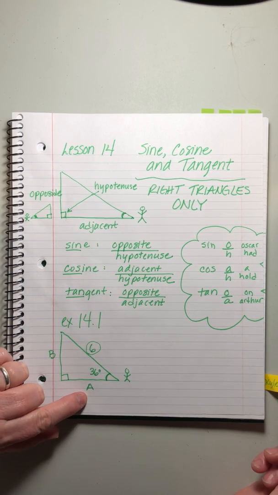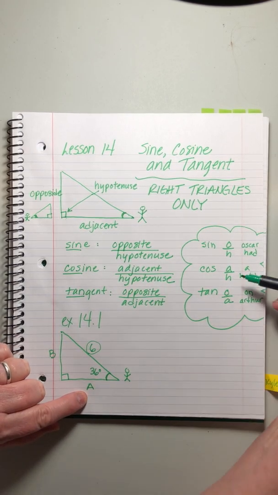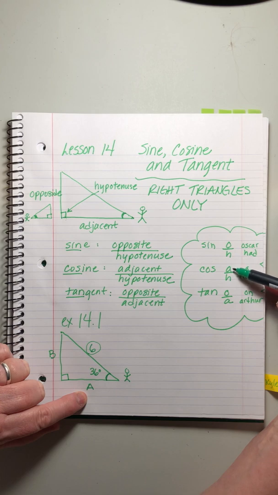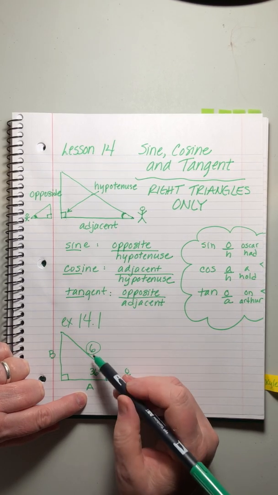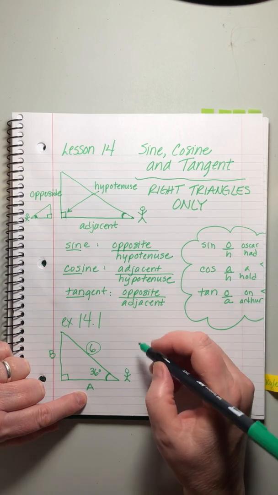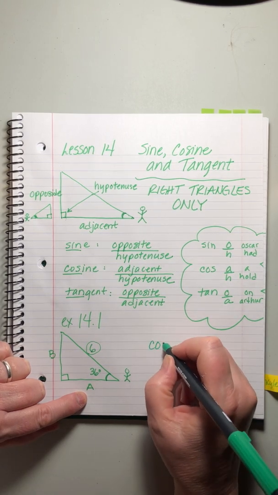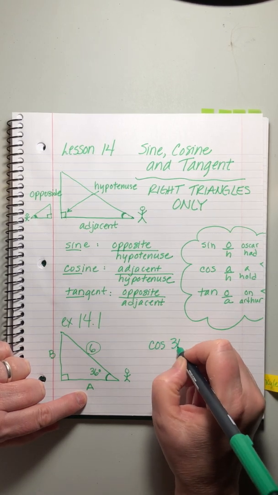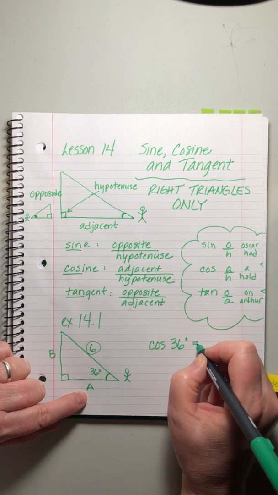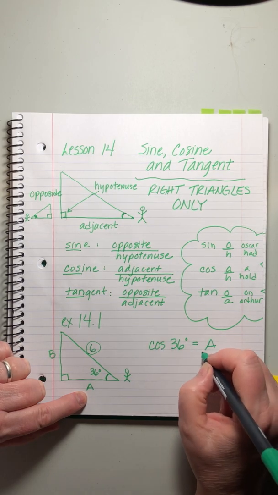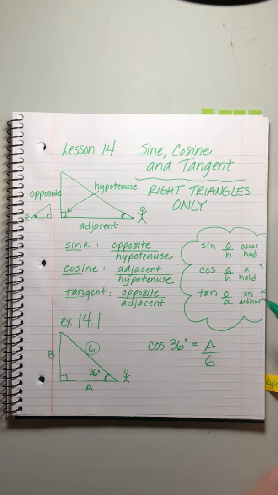Okay, so to use this one, we're going to use cosine, because that's the trig function, the ratio that compares adjacent to hypotenuse. Adjacent is our mystery, hypotenuse we've got. So the way we write that is the cosine of 36 degrees equals A over 6, right?